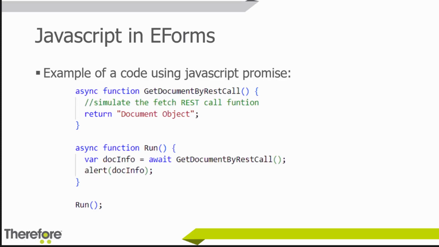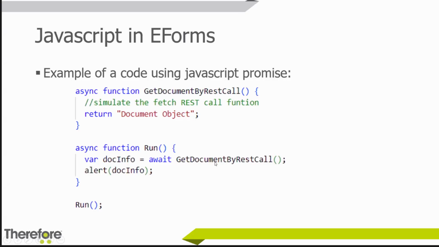I don't know the duration of this call. So if I don't set anything, sometimes, depending on the context, JavaScript doesn't wait for that and goes to the next instruction.